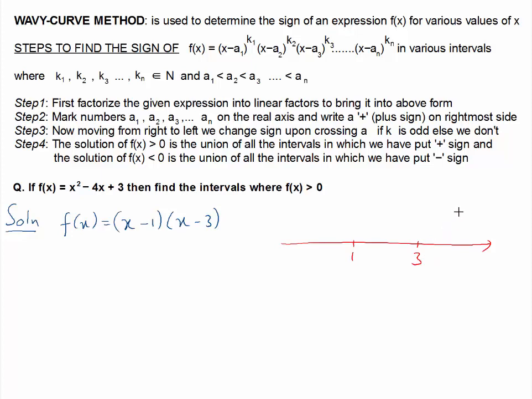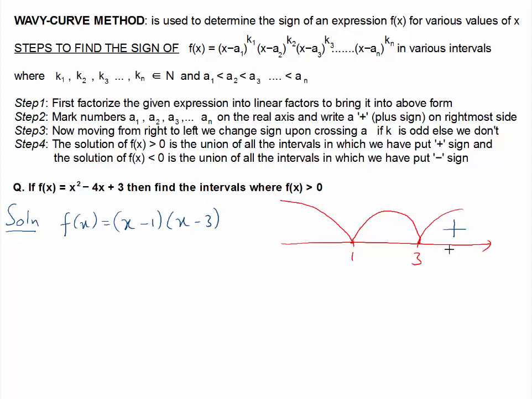Now we draw these wave-like forms, and next we write a plus sign on the rightmost side. What does this plus sign represent? It means whenever I substitute any number greater than 3, I will get this expression as positive.